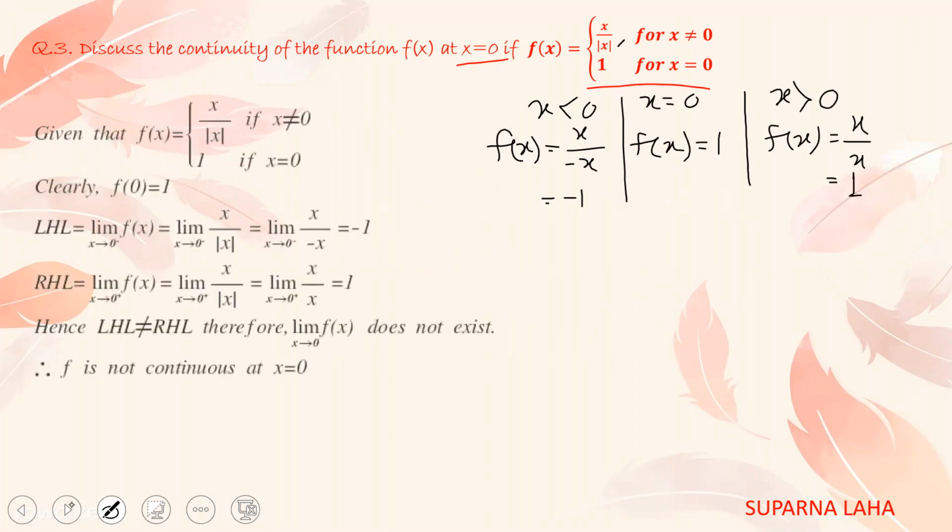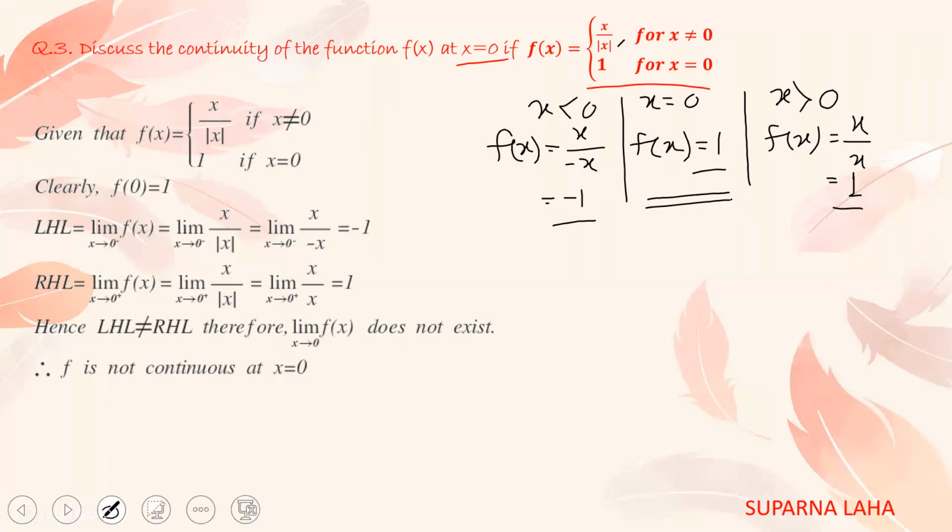Now check, here three functions are constant functions, and we all know that constant functions are always continuous. But is it continuous at this point, x equals 0?